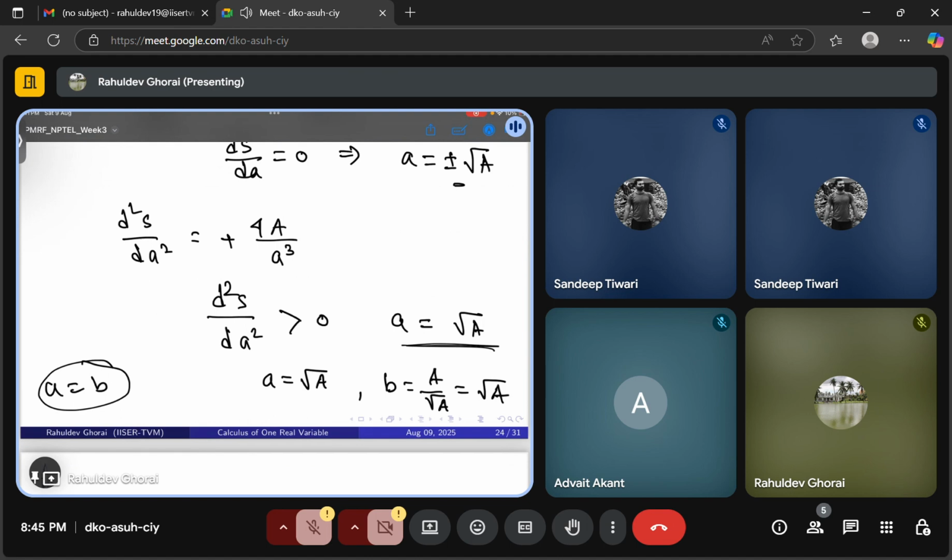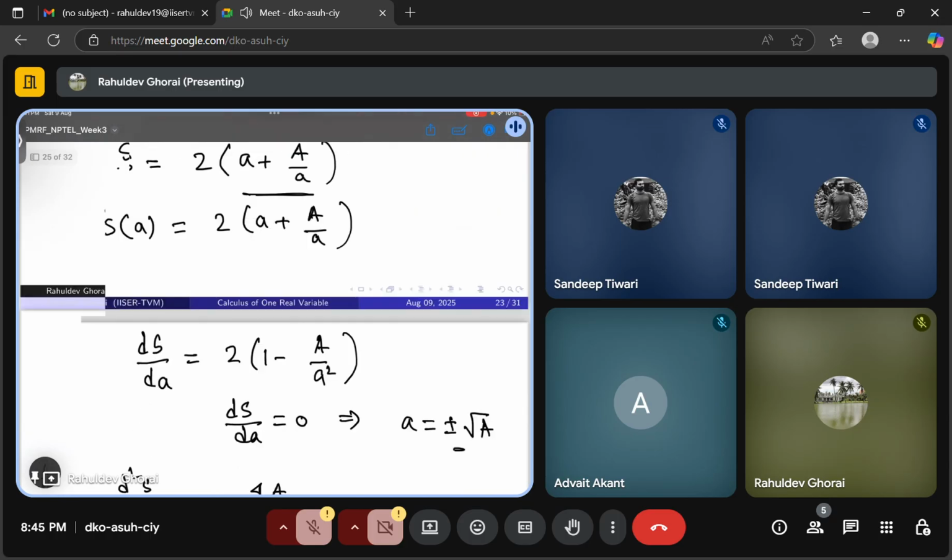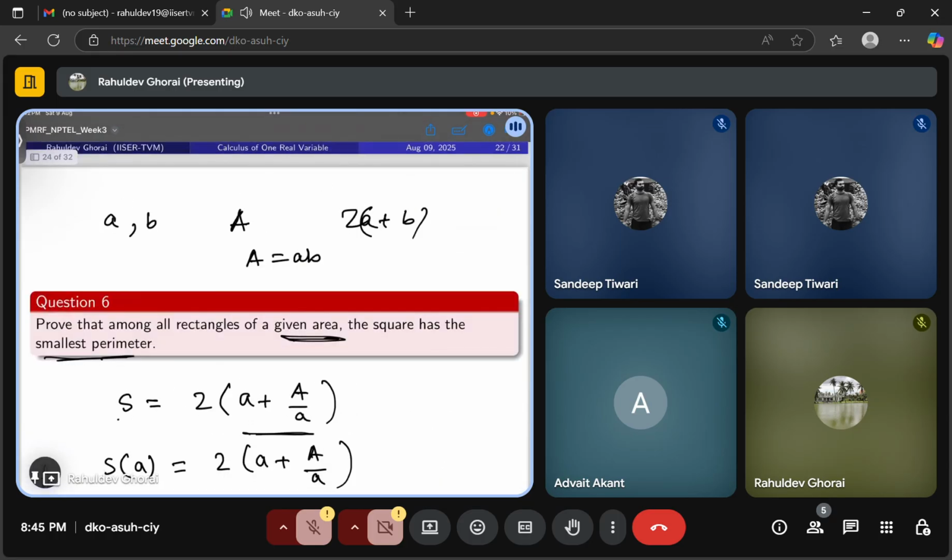When a is equal to b, the perimeter is smallest. And what is the meaning of a equal to b for rectangles? They are nothing but squares.